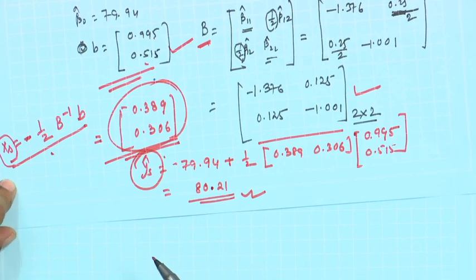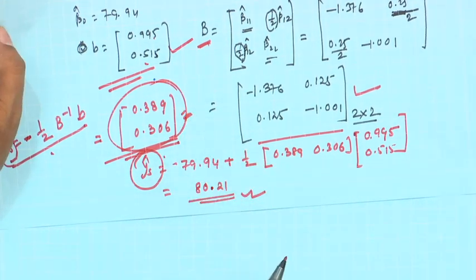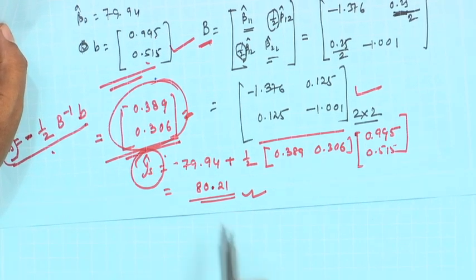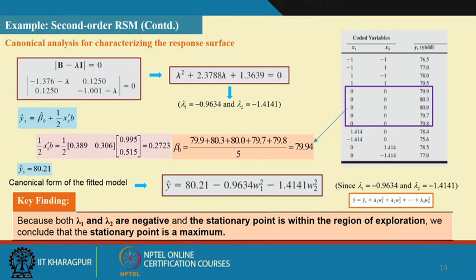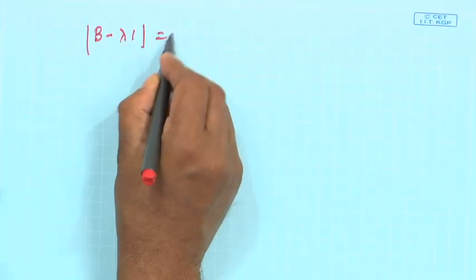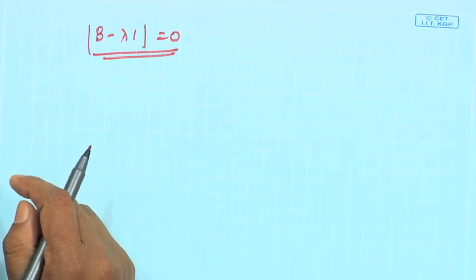Fine. Now, what you want is whether this stationary point is a point of maximum, because the contour chart says this is a point of maximum. In order to do so, you require to find the determinant of B minus lambda I equal to 0 to get the eigenvalues and eigenvectors.